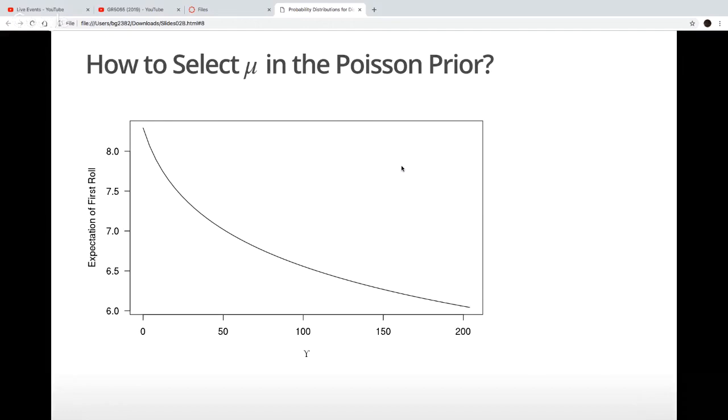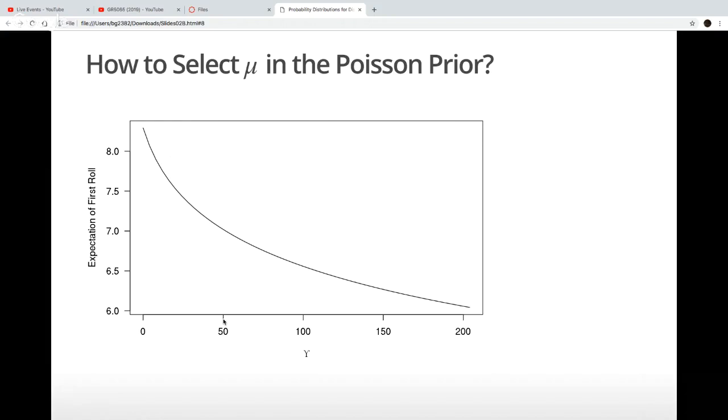That's why I said you can interpret upsilon as how uncoordinated a person is, and we want to estimate that level of uncoordinatedness for a particular person. We might think, okay, this person is capable of averaging like 7 on their first roll. So I go from 7 over the curve down to 50.